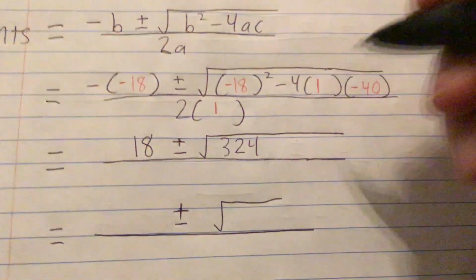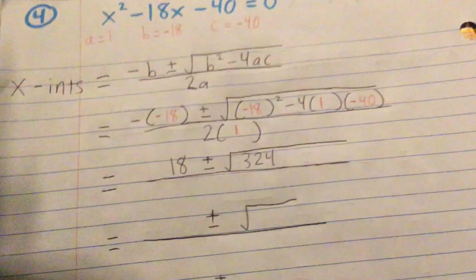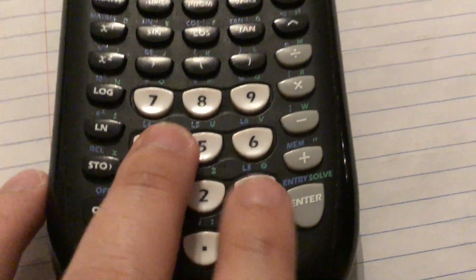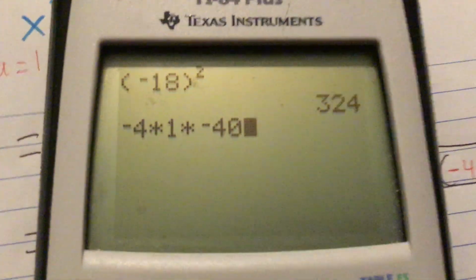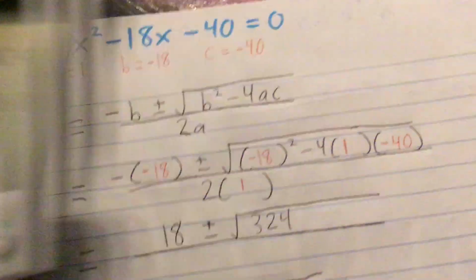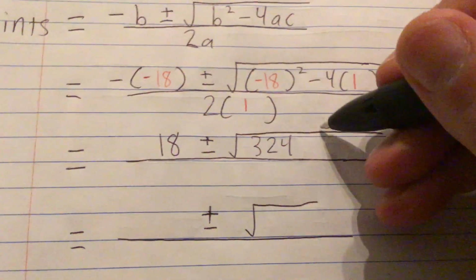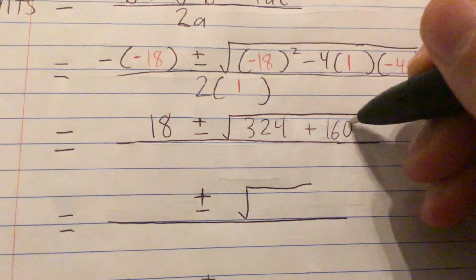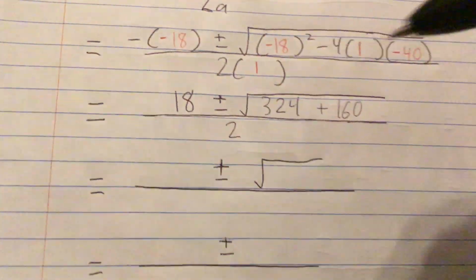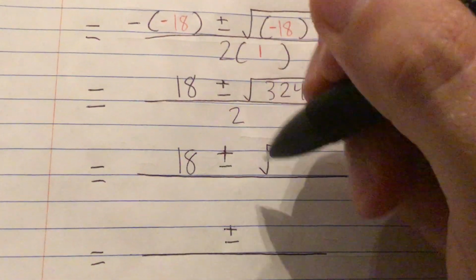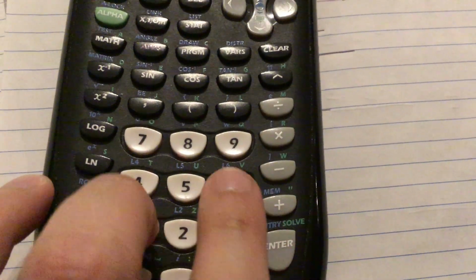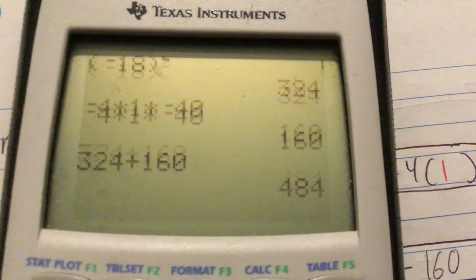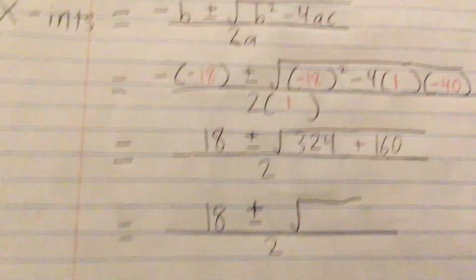Then I'm going to do negative 4 times 1 times negative 40. So what's negative 4 times 1 times negative 40? That's going to be positive 160. Ooh, that's going to be huge. Positive 160, all that over 2 times 1, which is 2. So now I know that I've got 18 plus or minus, I don't know what 324 plus 160 is. 484.